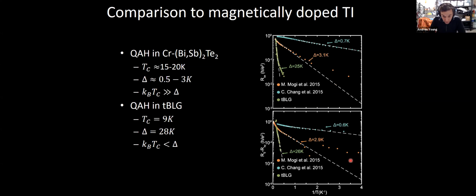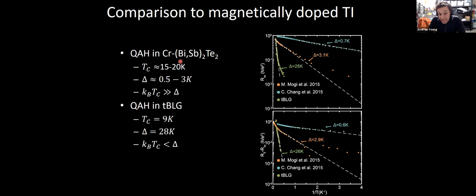That's quite unusual by the standards of quantum anomalous Hall effects, which were discovered already 7 or 8 years ago in a very different type of system: chromium doped bismuth antimony telluride, which is essentially a magnetically doped semiconductor. The semiconductor is a topological insulator that has strong spin-orbit coupling, and the combination of magnetism and spin-orbit coupling gives you a gap.